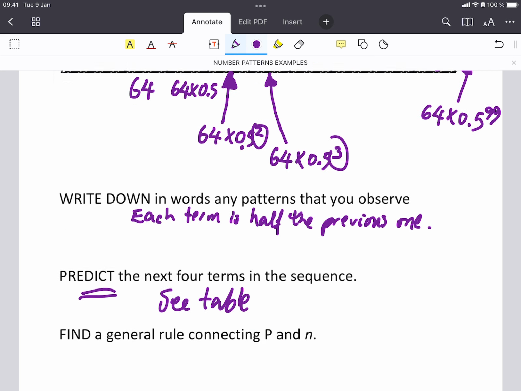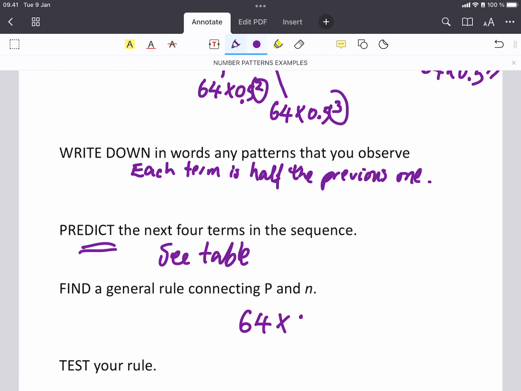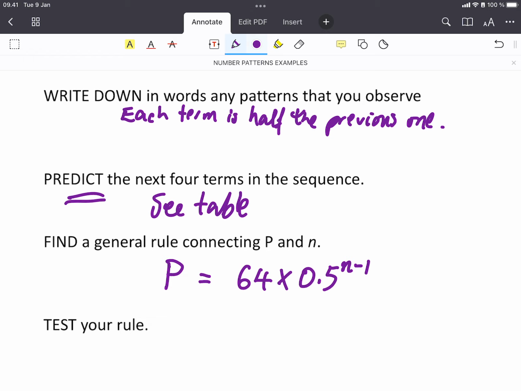So generally speaking, they're all 64 times 0.5, common ratio, to the power of n minus 1. So we should write that as a rule that says p equals something to do with n. P equals 64 times 0.5 to the power of n minus 1.